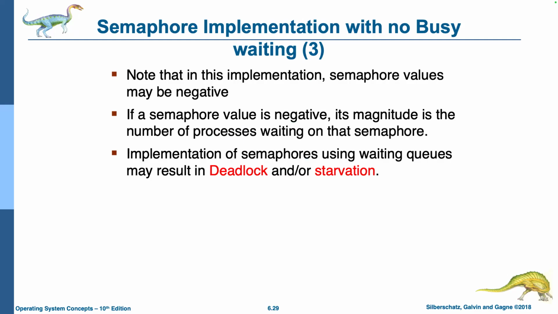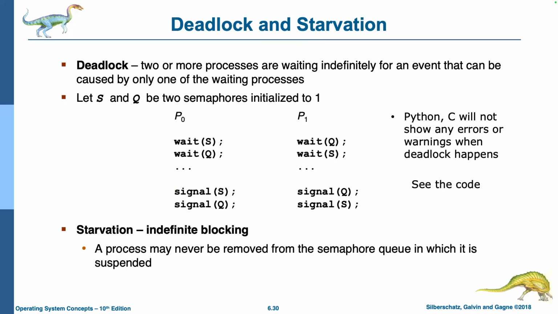Deadlock is when nobody can move. Starvation is when some cores are always free and don't have work to do. Deadlock, starvation.